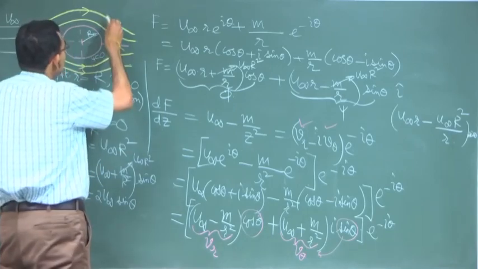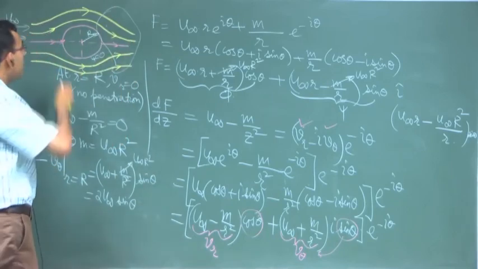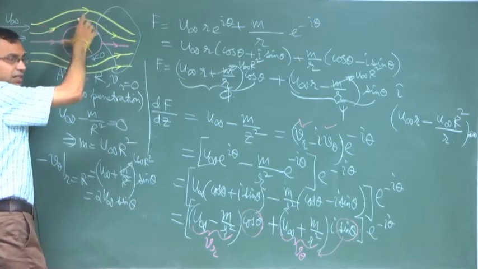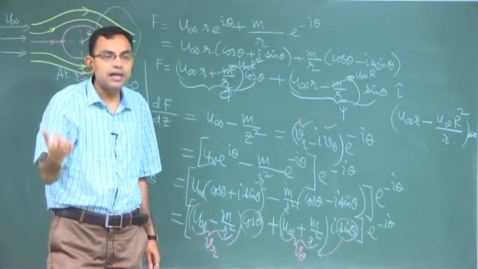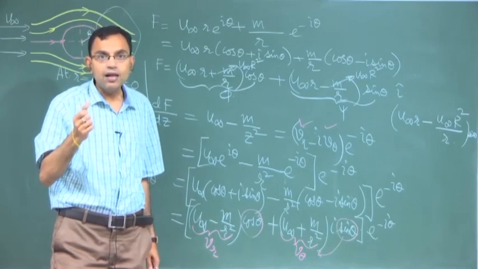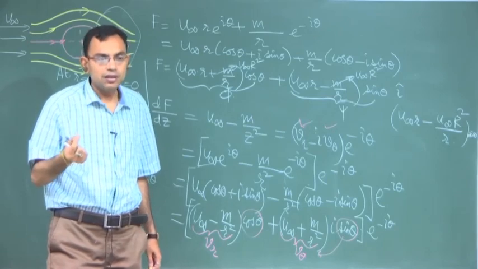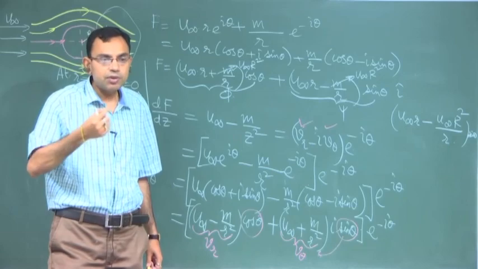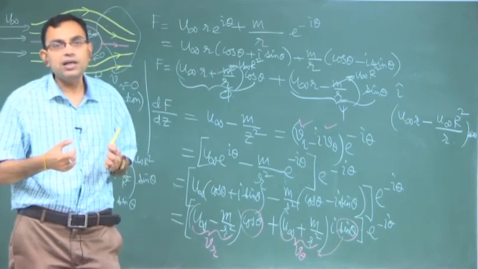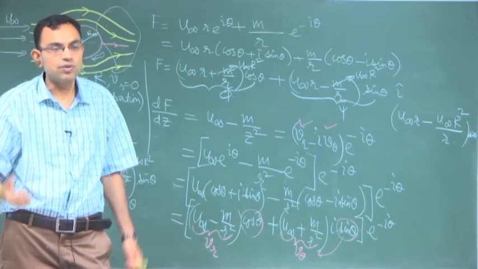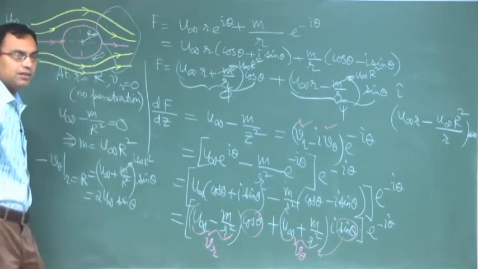In that scenario, the streamlines may be disturbed, but on the front side their nature will be maintained to a large extent, at least up to theta equal to 90 degrees, and then there is likely to be remarkable agreement between the pressure distribution from the potential flow solution and that from a more realistic viscous flow solution.